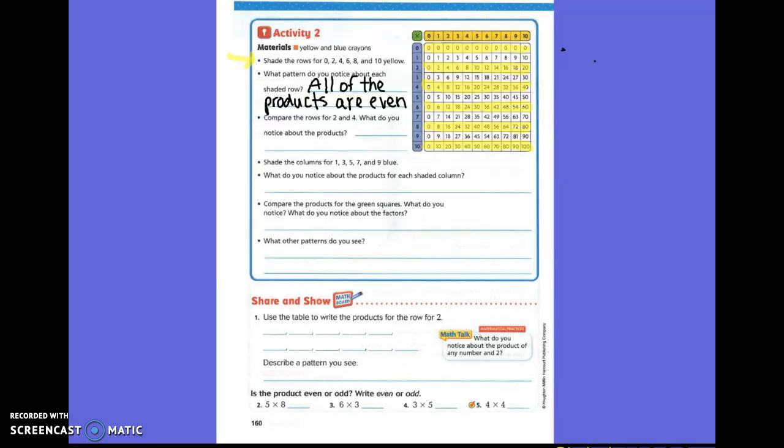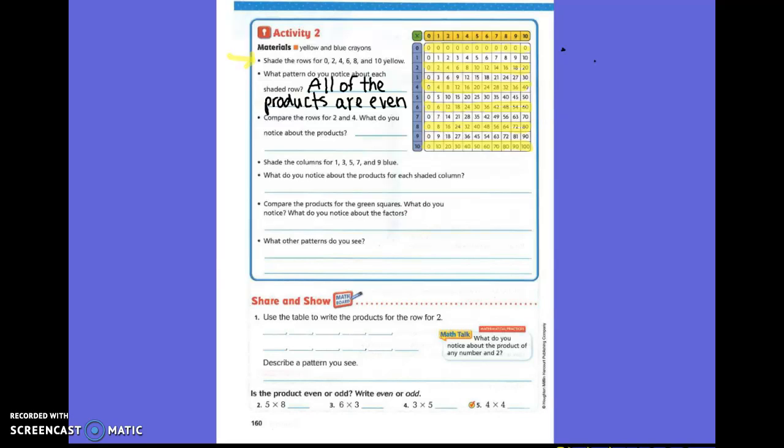Okay, no, row 4 does not count by 2s. Row 4 counts by 4s. What do you notice when you are looking at the products for 2 and 4? Okay, boys and girls, tell me, what do you notice about the products?